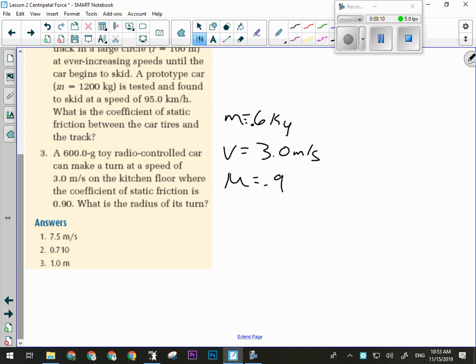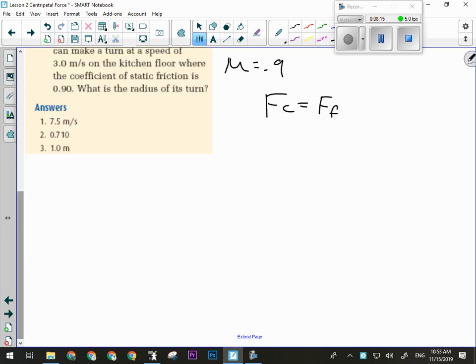Again, it's an unbanked corner, so Fc equals the force of friction. mv squared over r equals mu times m times g, so that mass that we converted won't even matter anyway. We're looking for the radius of the turn, so I'm going to multiply both sides by r, so it's on the top, and then divide both sides by mu times g.